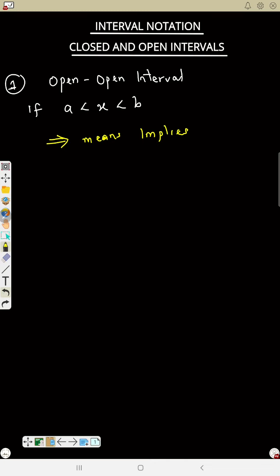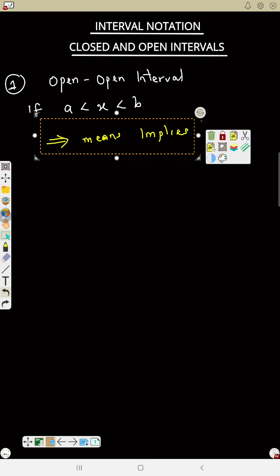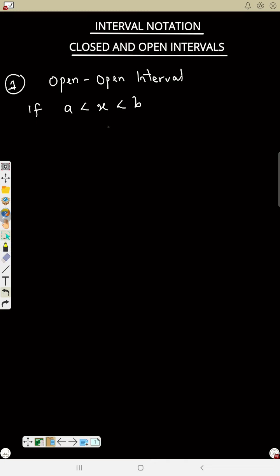Now it implies, meaning a is less than x and x is less than b.